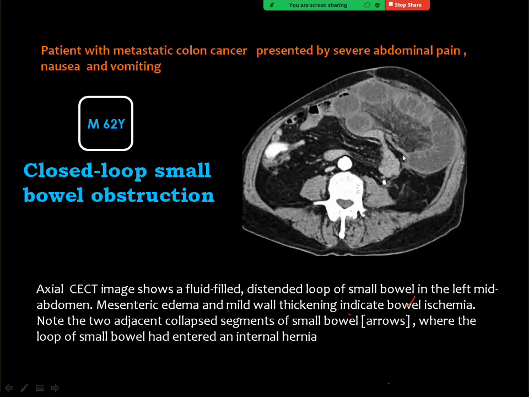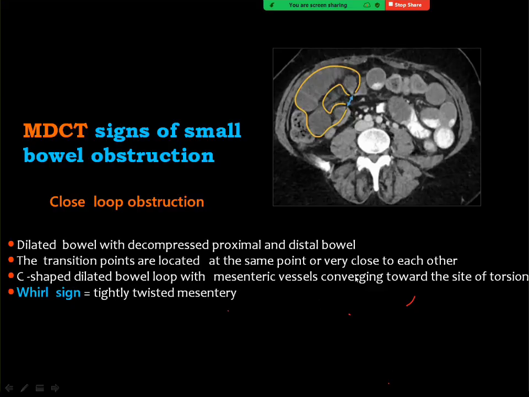Then the affected loop is closed, and it looks like a C curve, and the points of entry and exit are very close to each other. The small bowel distal and proximal to the lesion are collapsed. Whenever you see this appearance, you diagnose this as closed loop small bowel obstruction.